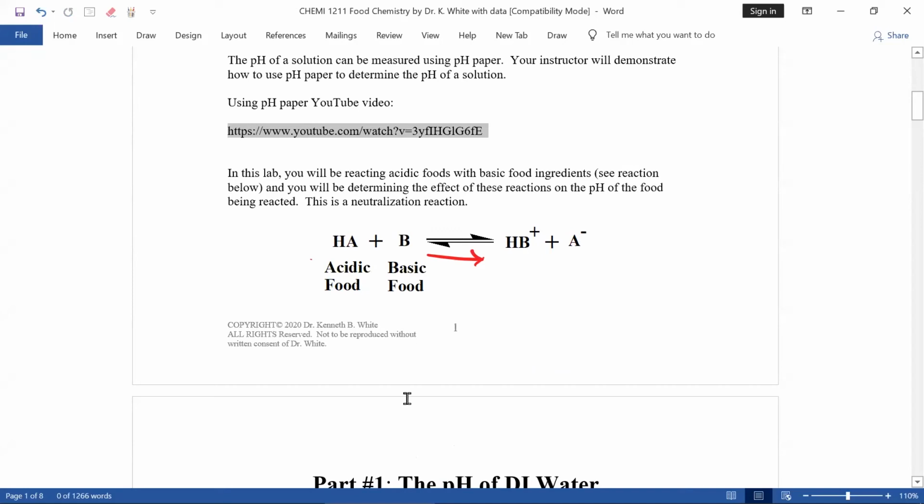Now, if we look on this side, HB plus with A minus is a salt. And what this is called is a neutralization, if I can spell it.